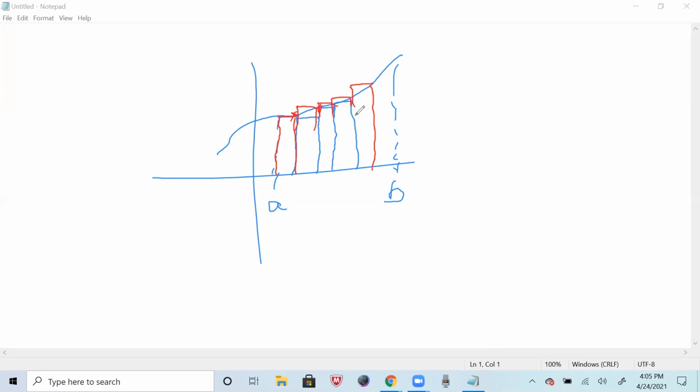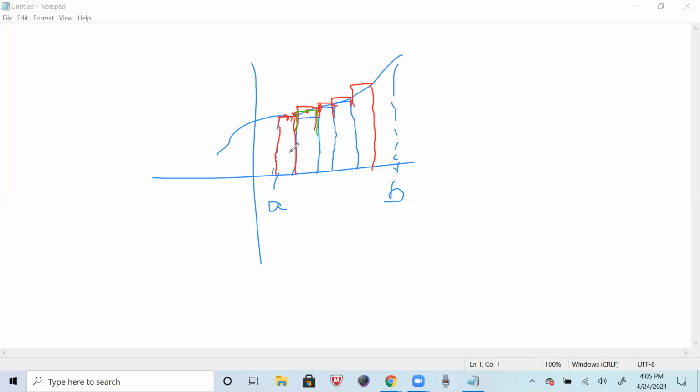And you can also use the middle. So you make your rectangles and you find the very middle and draw your rectangle about that. And then the next rectangle would go about there. And so for the middle, that one would be like that.